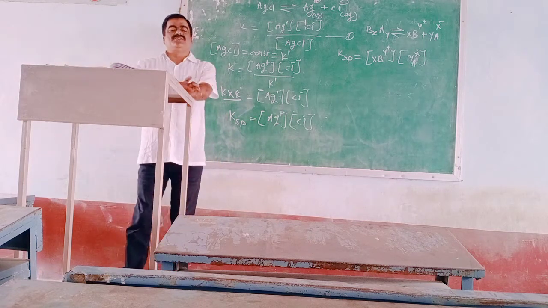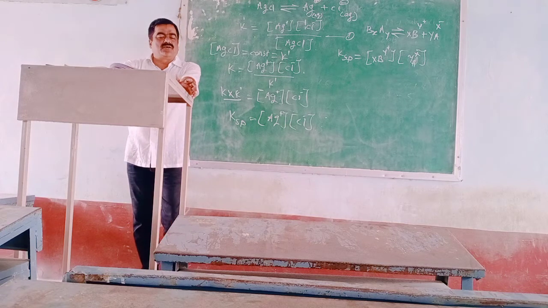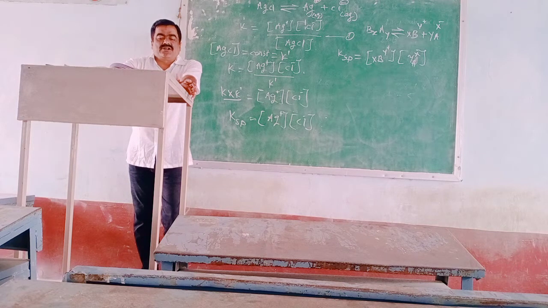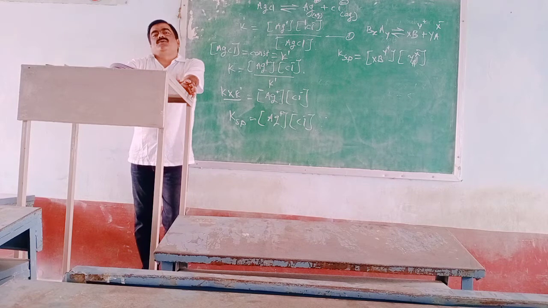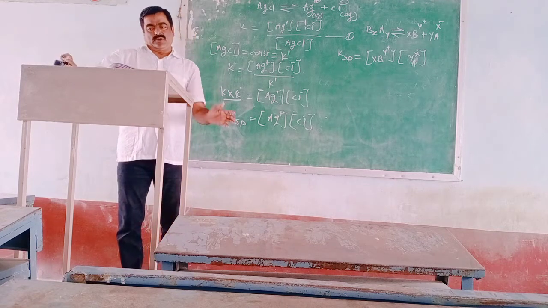On the basis of this, in the saturated solution of a primarily soluble salt, the product of the equilibrium concentrations of the constituent ions raised to the power equal to their respective coefficients in the balanced equilibrium expression at a given temperature is called the solubility product.